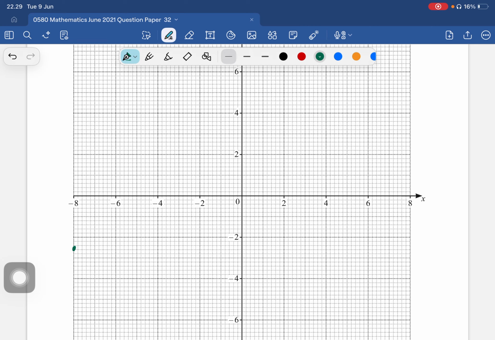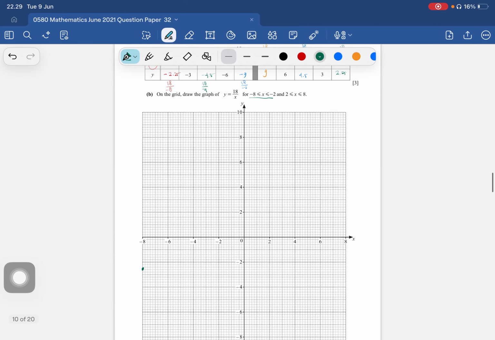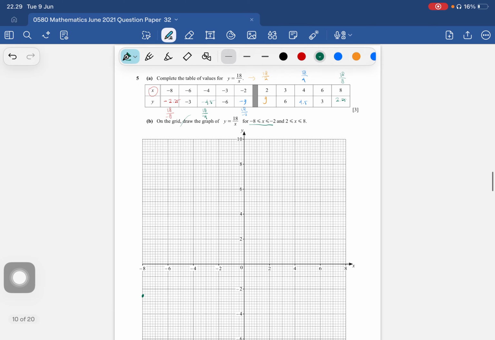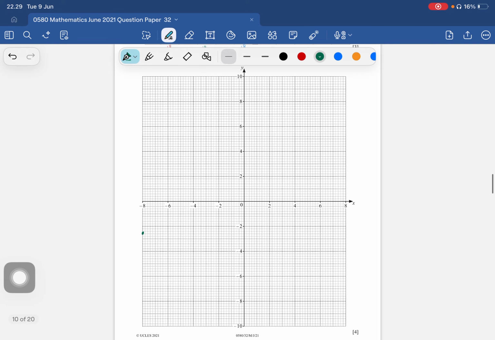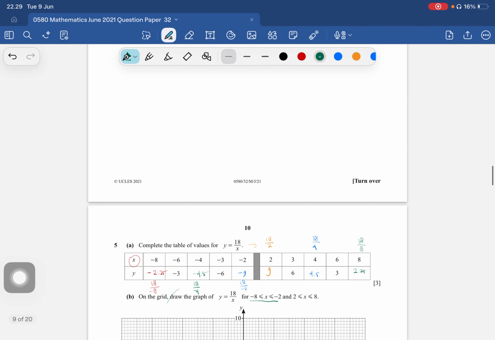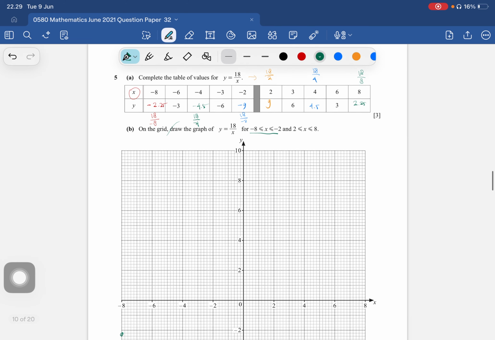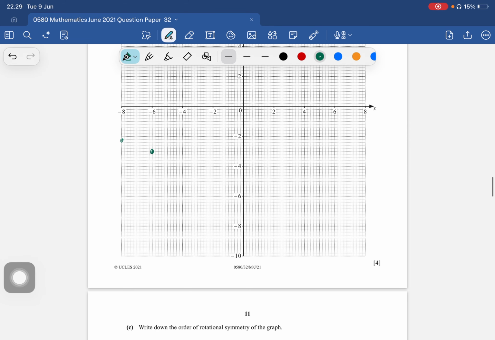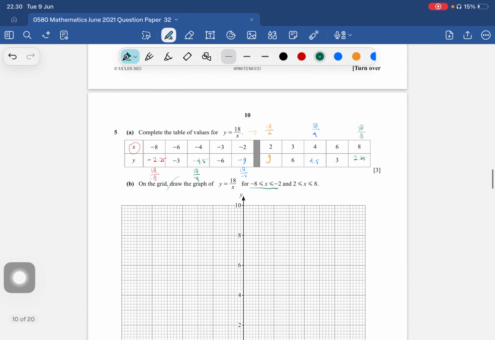When x equals negative 6, y equals negative 3. Next, when x equals negative 4, y is negative 4.5, so here is in the middle.